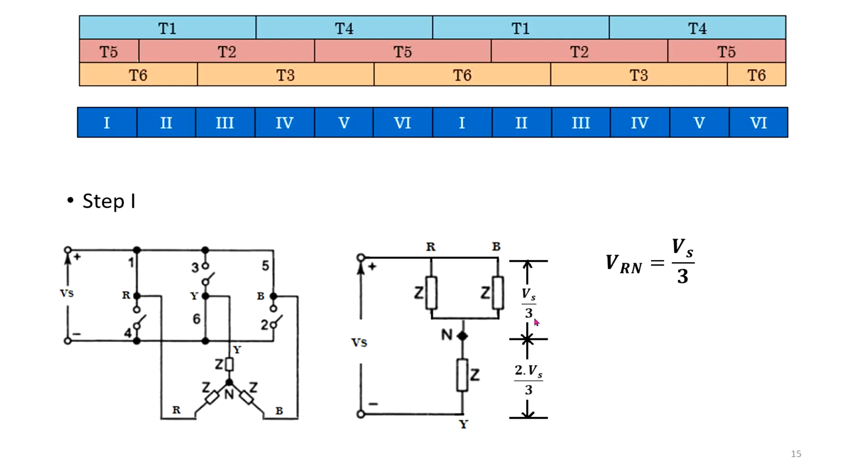For VRN the voltage is Vs by 3, as we have already computed. Similarly VYN, we already know, okay, this is also very important. You need to be careful about the polarity. If you are taking Y as the reference point, then against your reference point this is negative. Okay, against your reference point this is negative.